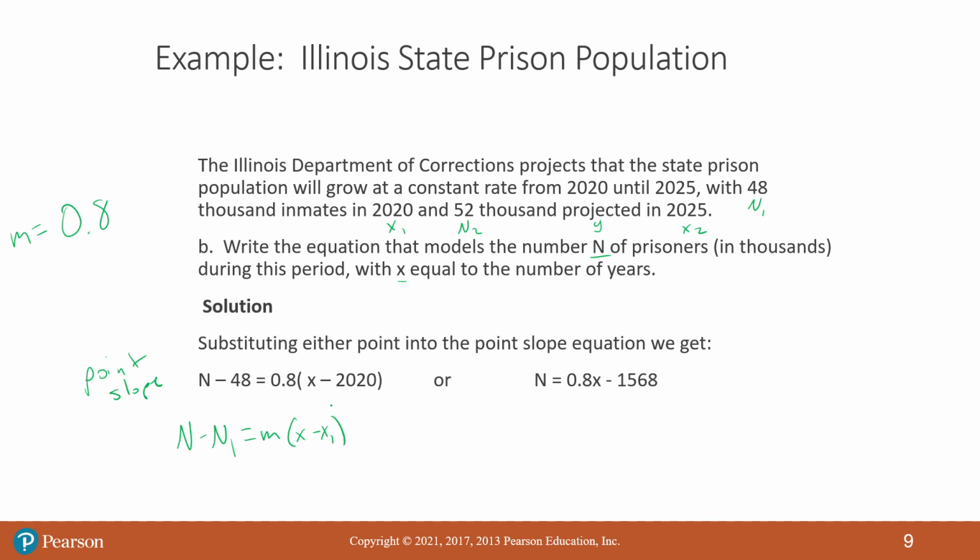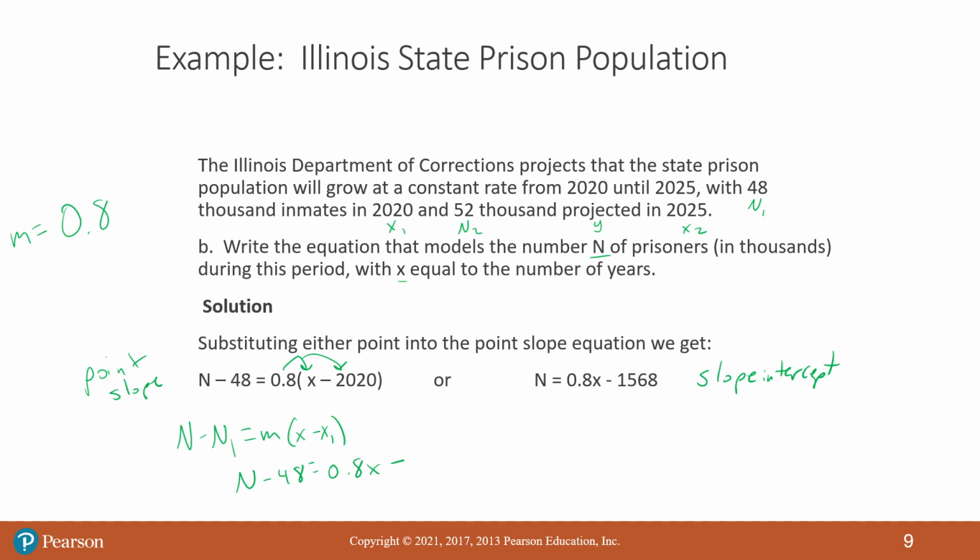Then all we have to do is simplify this down into slope-intercept form. The way they did that is they distributed the 0.8 to both of these terms. So we get n minus 48 equals 0.8x minus, what is 2020 times 0.8?